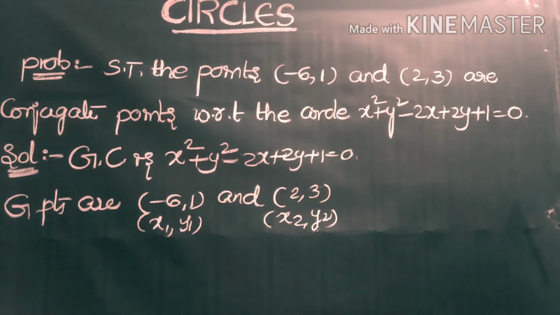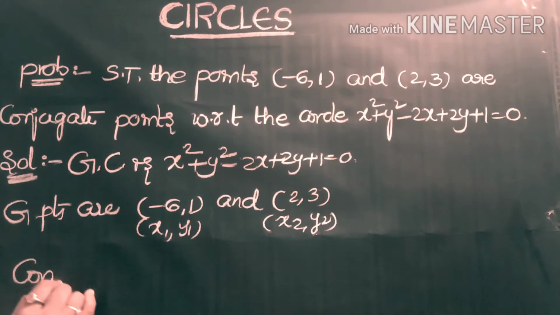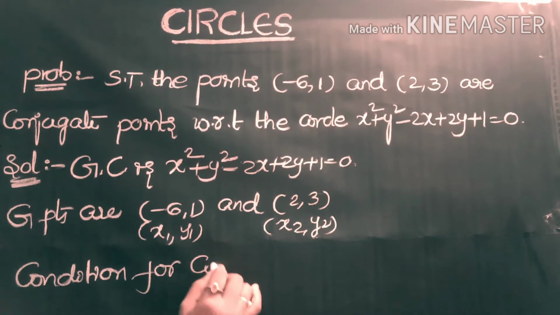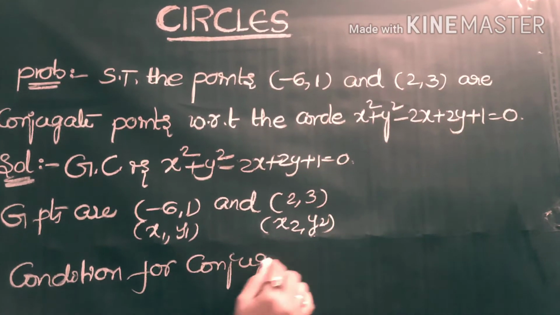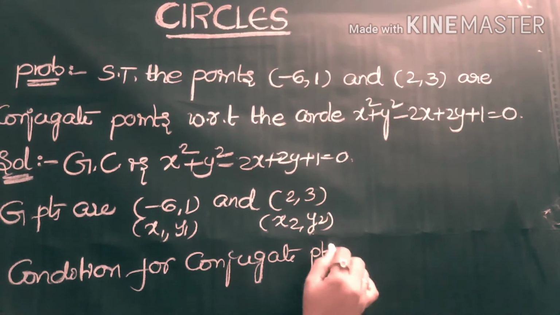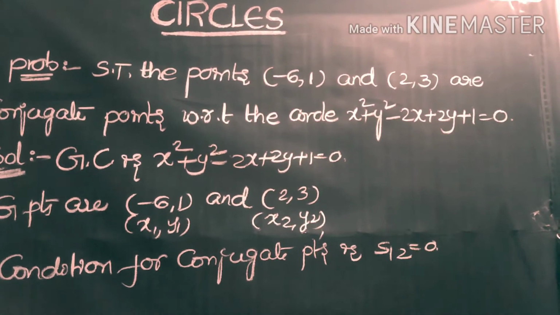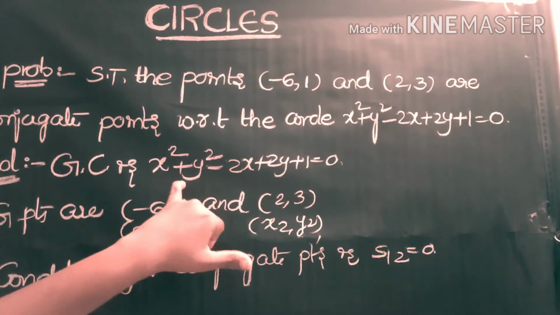Now we write the condition for conjugate points: S12 = 0. We write the S12 notation for this circle equation.